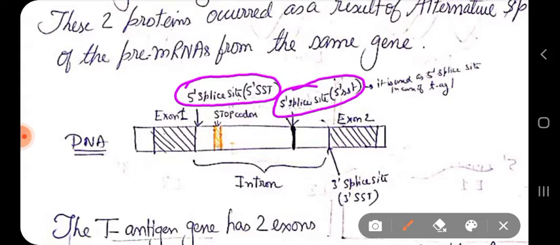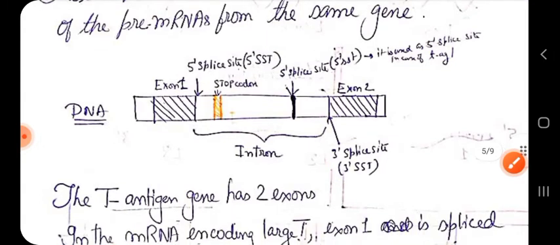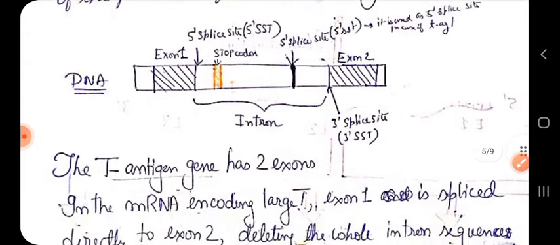How is this 5' splice site found? It is because of some sequence which is unique to the 5' splice site. There is also a 3' splice site here. To clarify this doubt, we will see here.